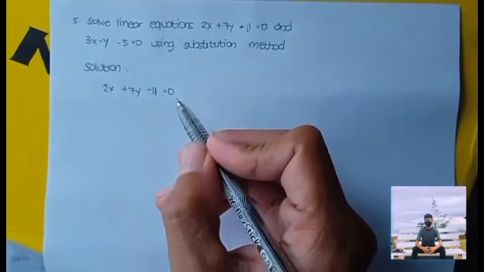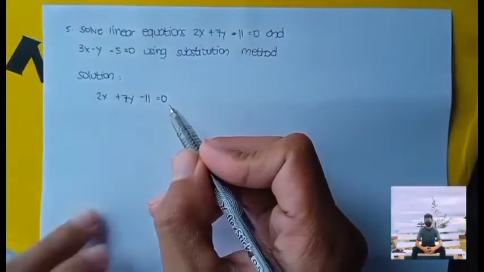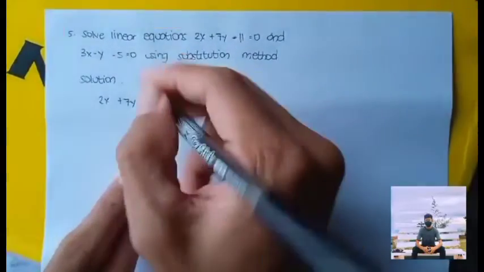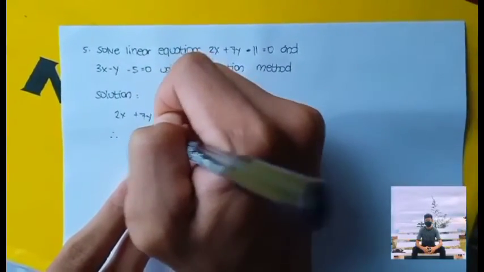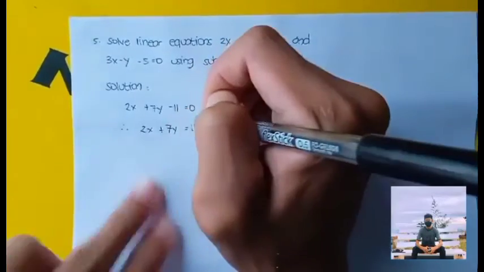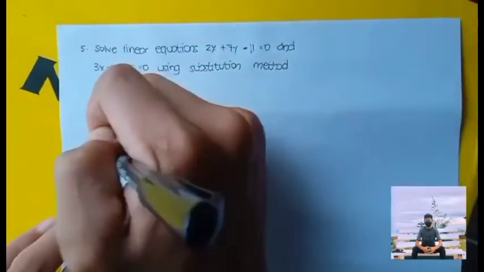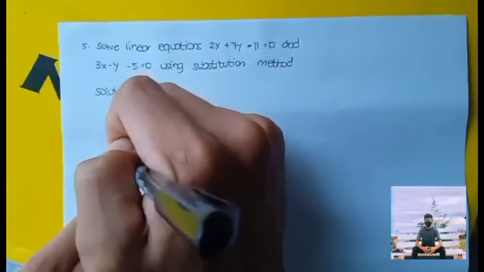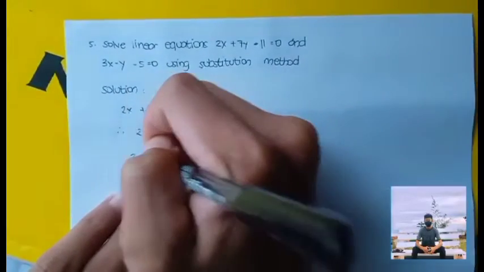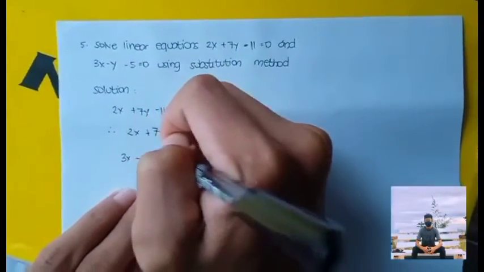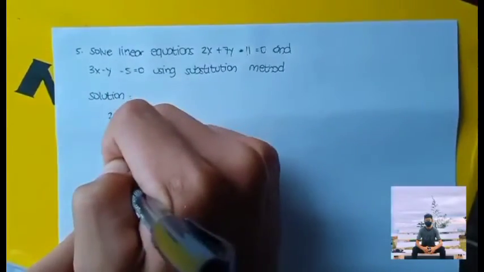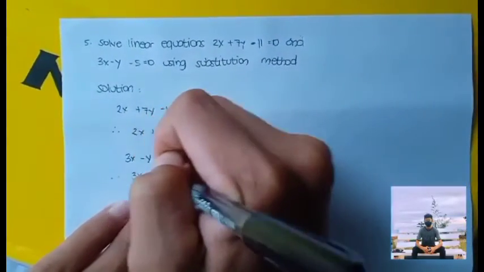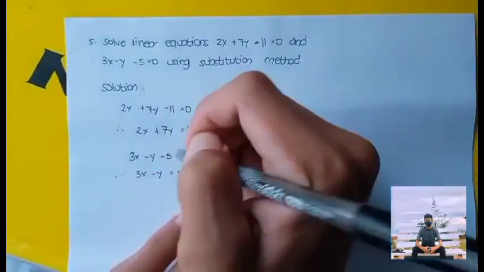So here's the solution. 2x plus 7y minus 11 equals 0. Therefore, 2x plus 7y equals 11. And 3x minus y minus 5 equals 0. Therefore, this is gonna be 3x minus y equals 5.